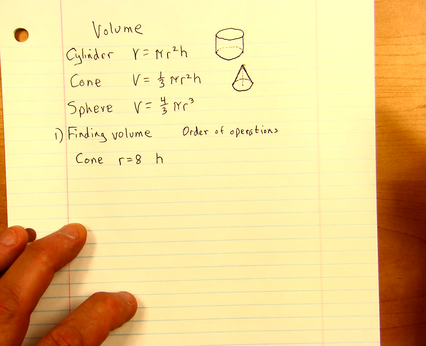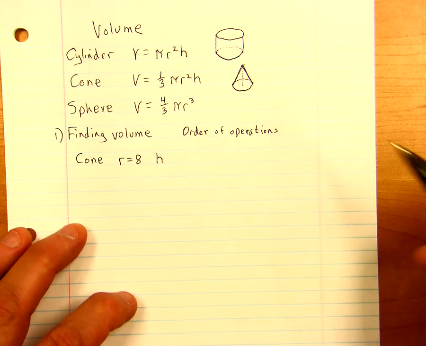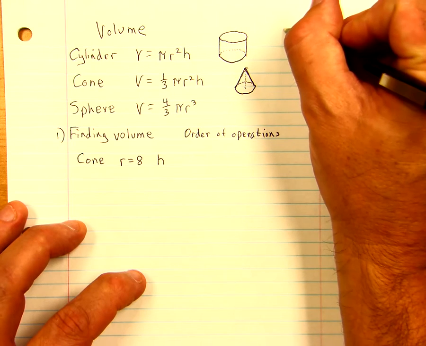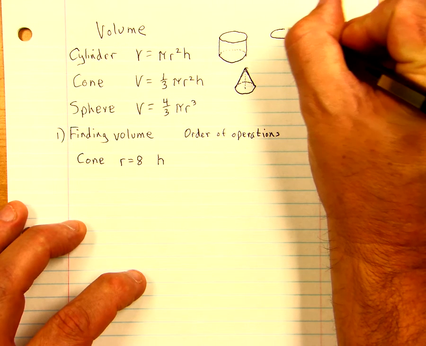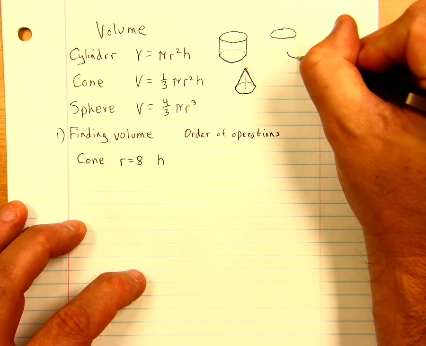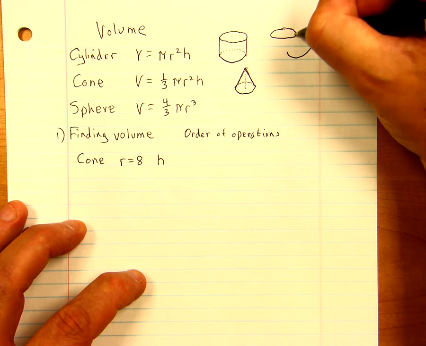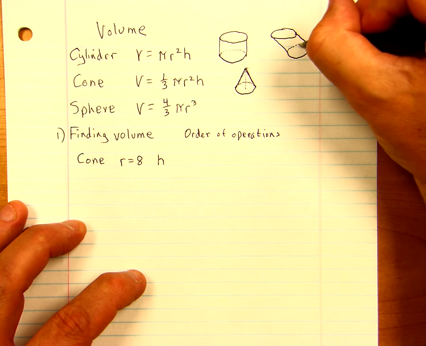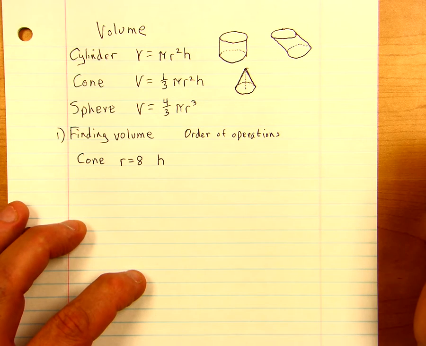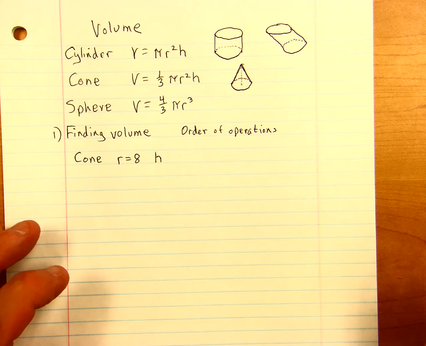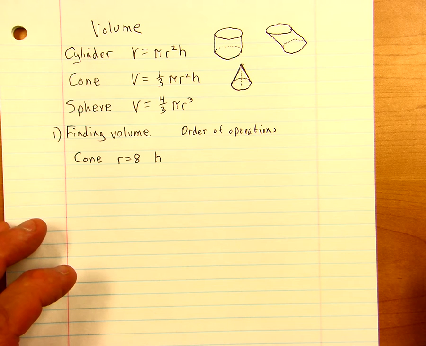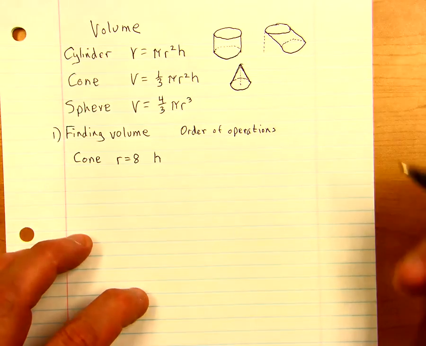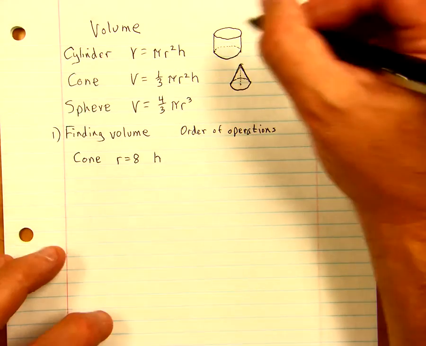By the way, these objects can also be what they call oblique. Let's draw an oblique cylinder. Basically, it got kind of twisted. Doesn't matter. The height is still how far it is from the top to the ground. So this is always your height.